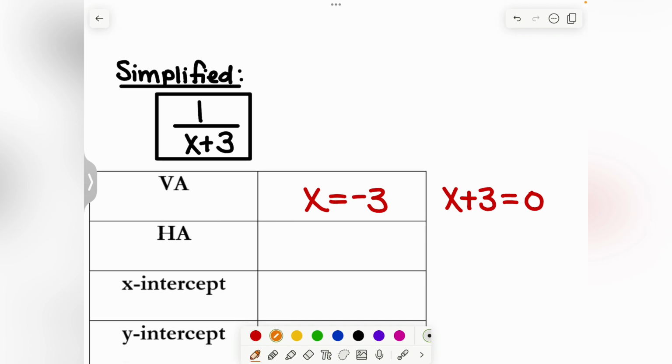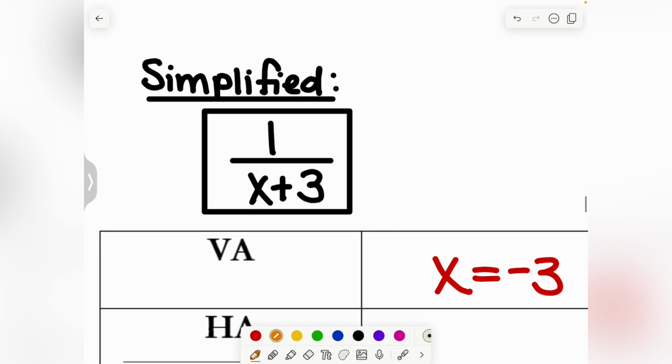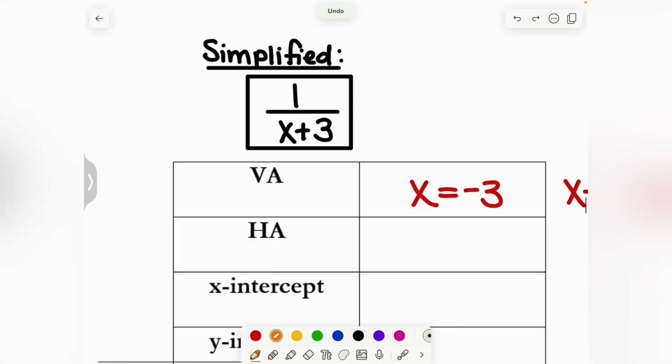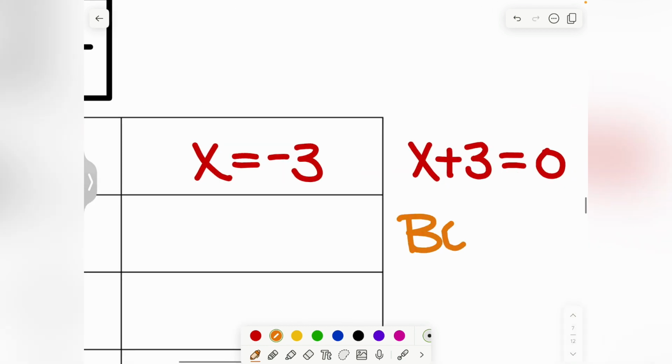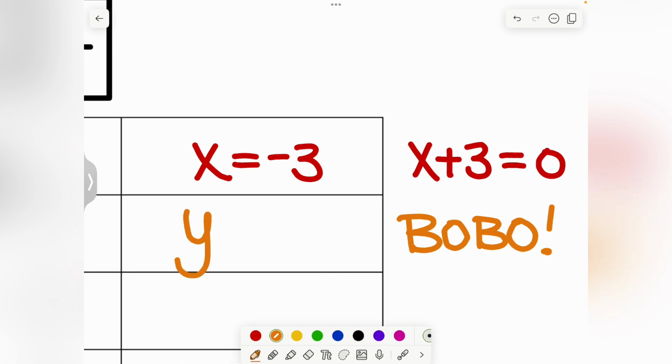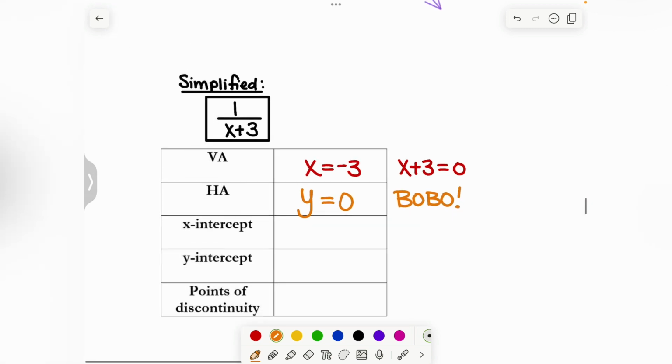For the horizontal asymptote, I have to compare the top degree to the bottom. In this example, the degree is larger on the bottom because it's x to the first on the bottom, and there is no x on top. So it's a bobo, which means it's an automatic y equals 0.